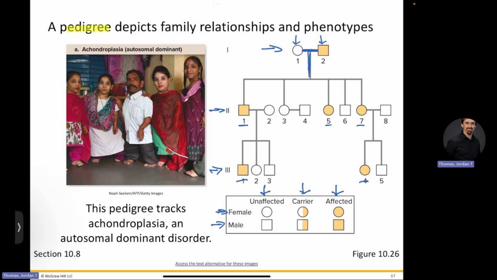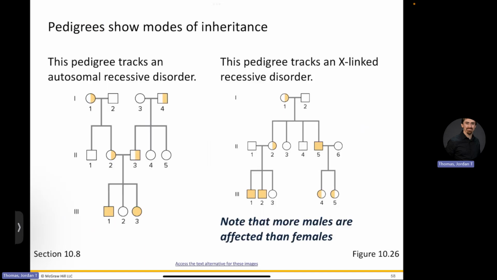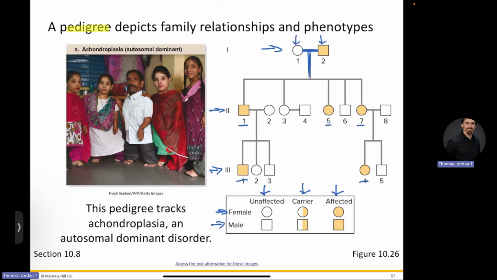Keep in mind, a recessive trait has to have both recessive alleles to be present. So in this case, one original parent was unaffected and one was affected, but the offspring who were affected had both, it wouldn't make sense. Well, let me go back. This kind of shows that there's no carriers at all.